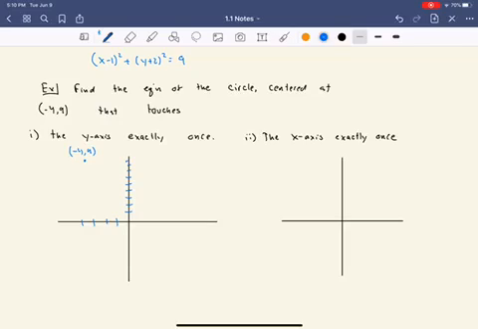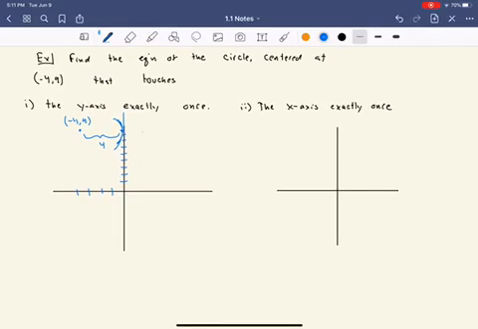Okay, (−4, 9) is here. So now, if it touches the y-axis exactly once, that means it's going to go like there, right? What is this distance? That distance is 4. So our radius here is going to have to be 4.